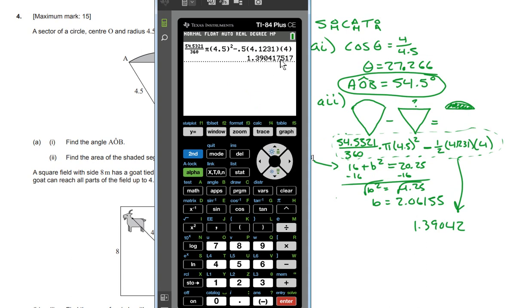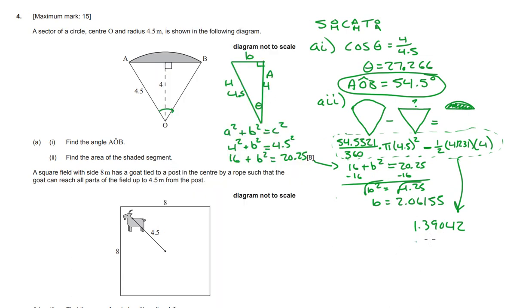If we round it off to that spot right there. So officially our answer is going to be 1.39, and this is meters, so that's area. So it's going to be 1.39 square meters for the area of that shaded segment, okay?